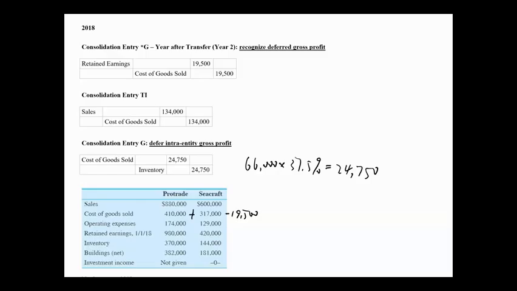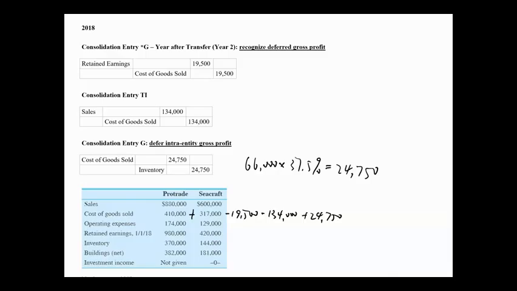And then in entry TI, we also credit cost of goods sold by 134,000, so that also needs to be deducted from the consolidated balance. And the last one is that we deferred intra-entity gross profit by increasing cost of goods sold by 24,750.